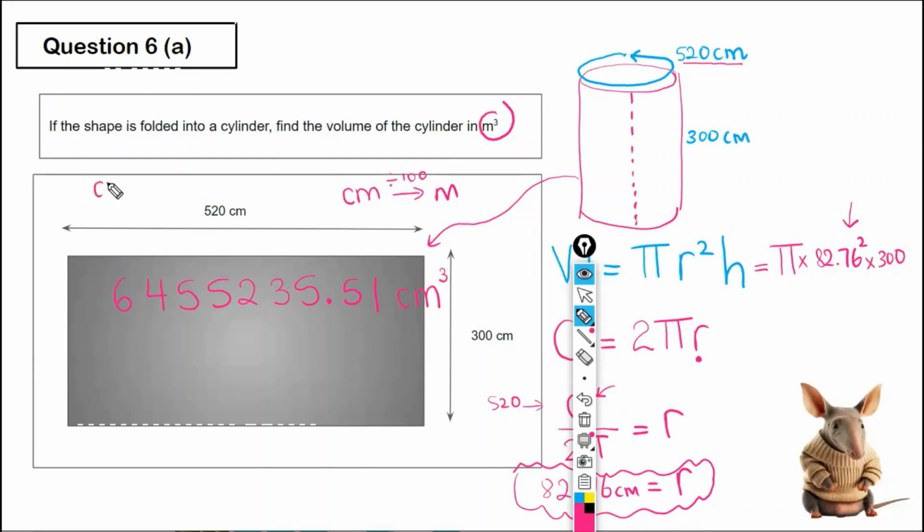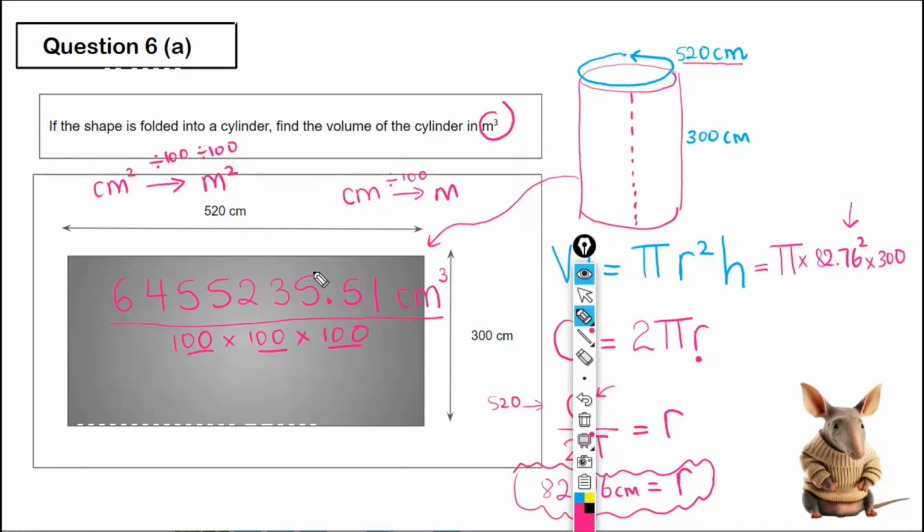If I had centimeters squared and I wanted to convert it to meters squared, I would have to divide it by 100 twice. So guess what? If it's centimeters cubed and we want to convert it to meters cubed, we have to divide it by 100, by our next 100, and our next 100. In other words, you have to divide by 1,000,000.